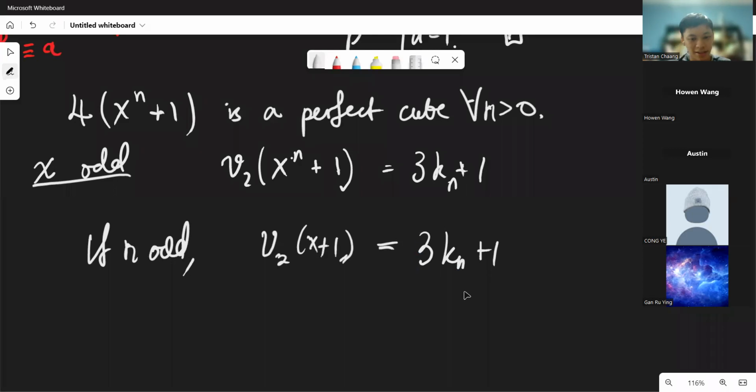But does that help? So that means 3 to the 3k plus 1, sorry, 3k plus 1 on the top, divides x plus 1. This is a large amount of numbers.